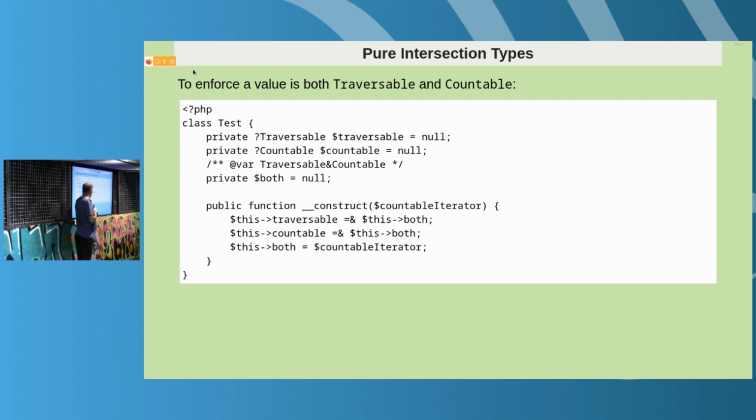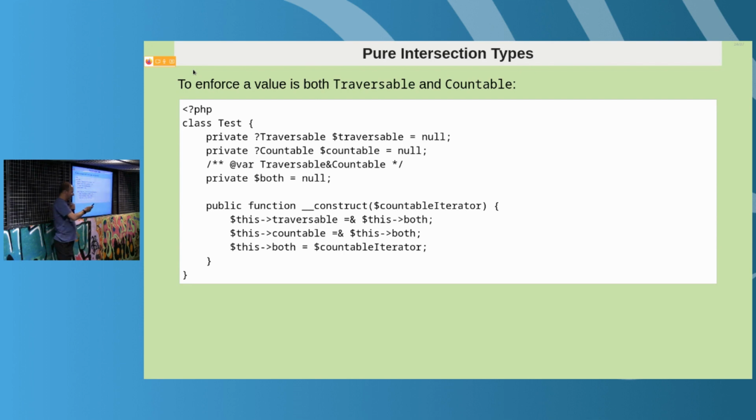We pass it in. We set traversable as a reference to both, and we do the same for countable, which means that the moment you now assign something to this both, because both references operate on the same value, it will actually check in turn whether it implements both interfaces. And if it doesn't, you get an error about that.